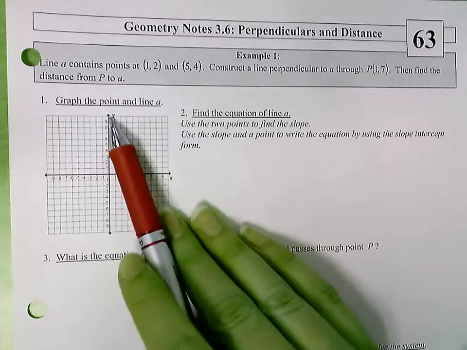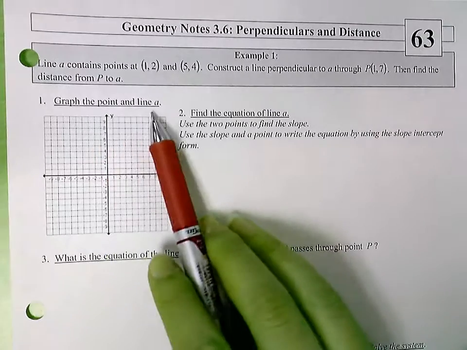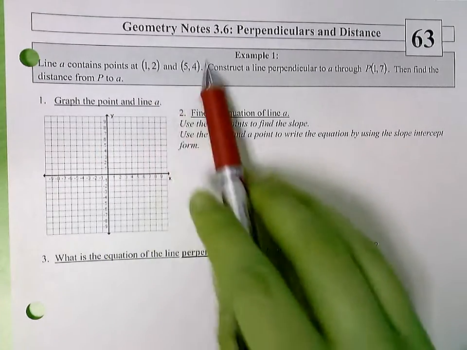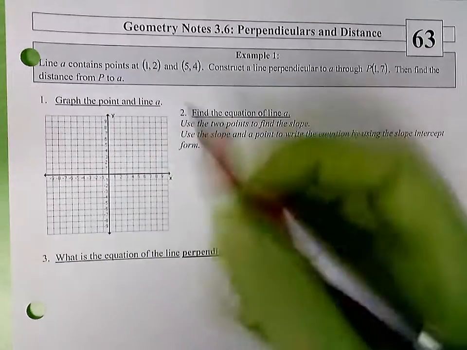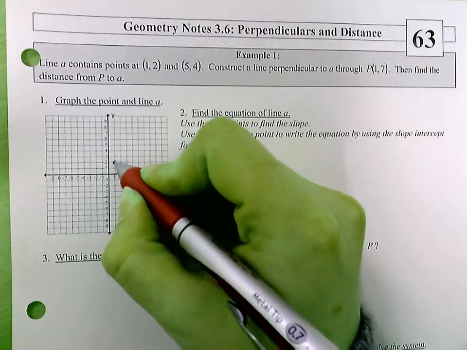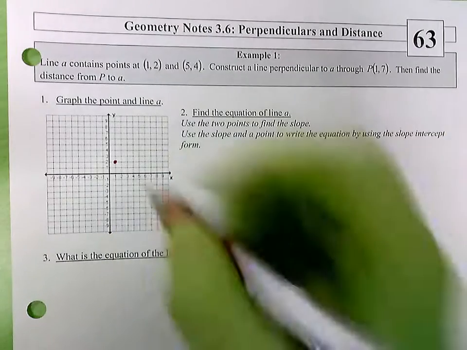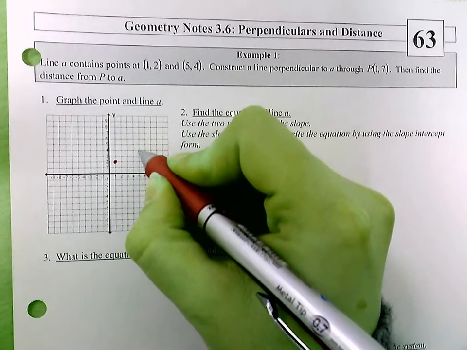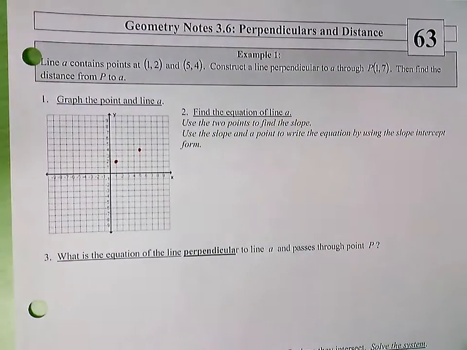So first, I want to graph the point and line A. So I'm going to graph line A. So I have a point at 1, 2, and a point at 5, 4. Okay, and I forgot to hand out your rulers.